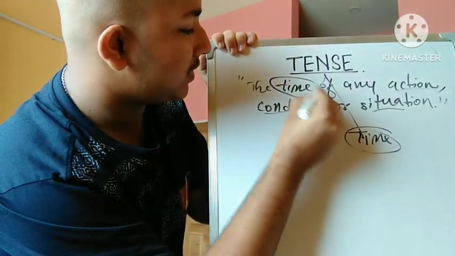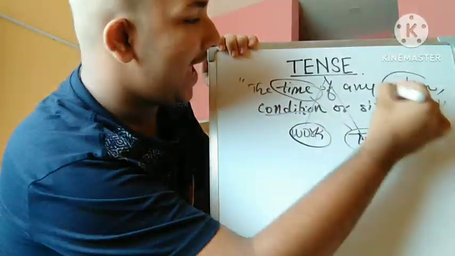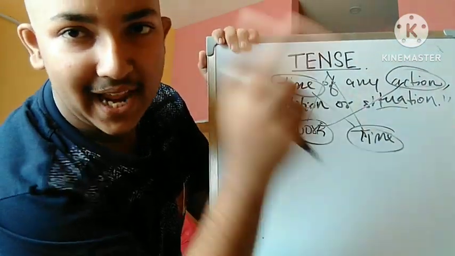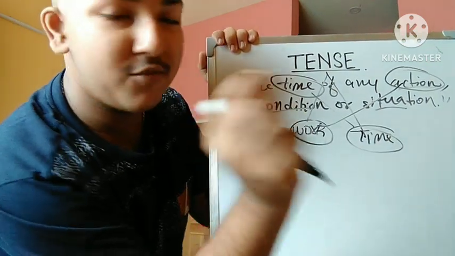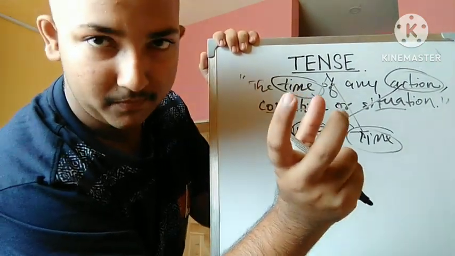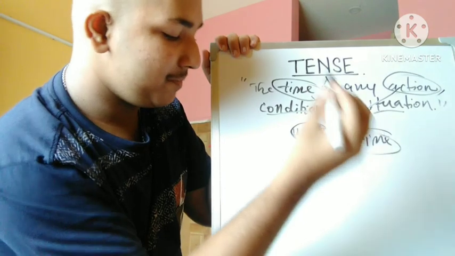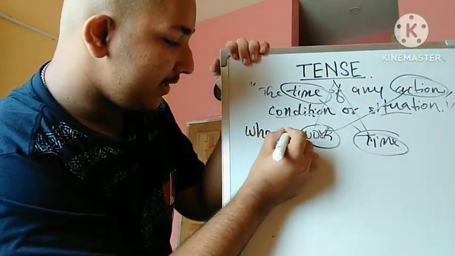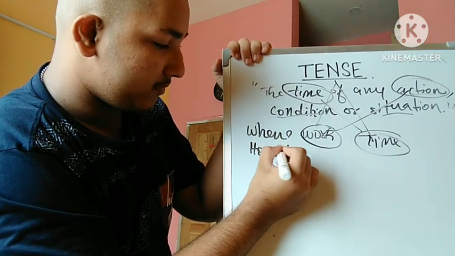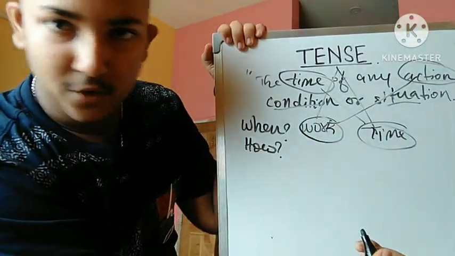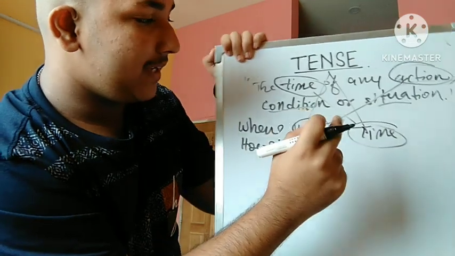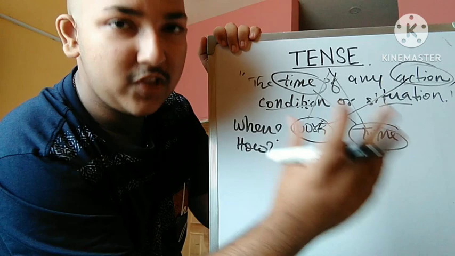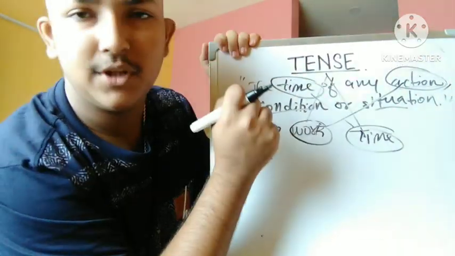It is based on two things, action and time. At what time we are doing that action and how we are doing it. It simply means that two questions arise: when we are doing and how we are doing that.